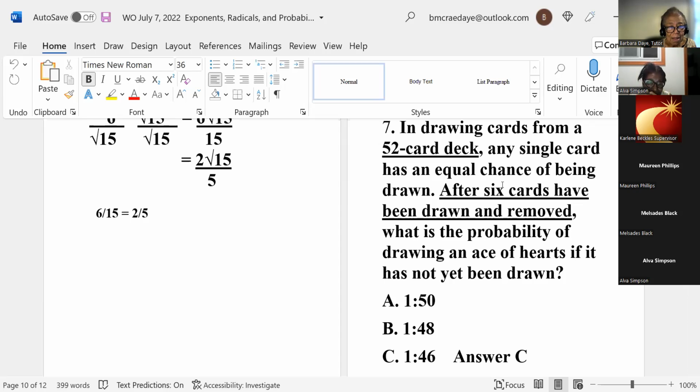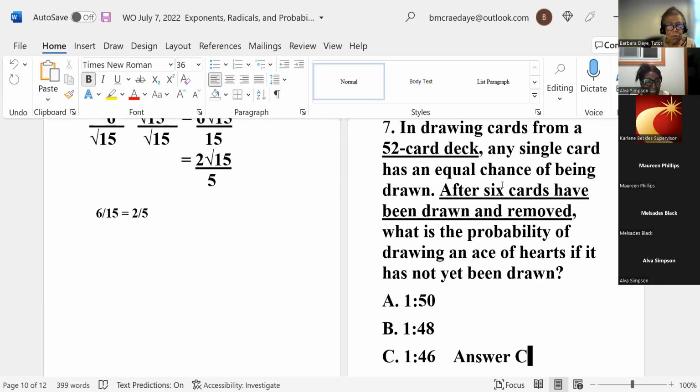How many, is everybody familiar with the 52 card deck? I'm not really a card player, but I think they have 4 of each. How many suits? You have 4. And what are they, Alva?